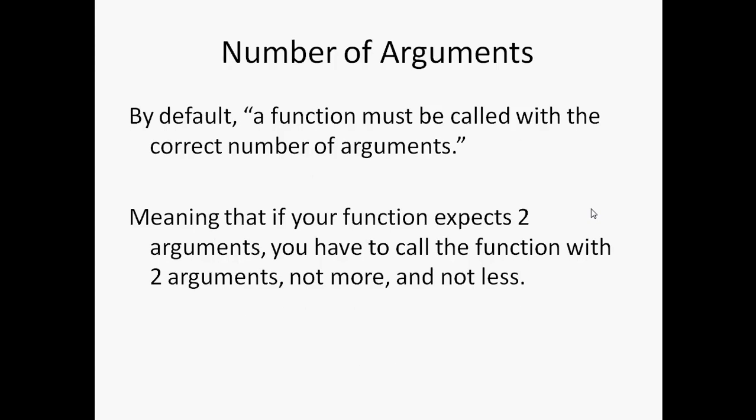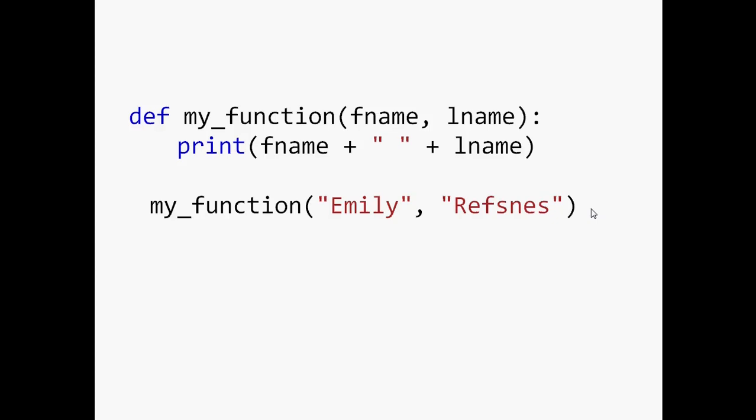Let's see an example. This is the example where I defined a function, my function, with two parameters fname and lname, and this function will print both the names with a space.